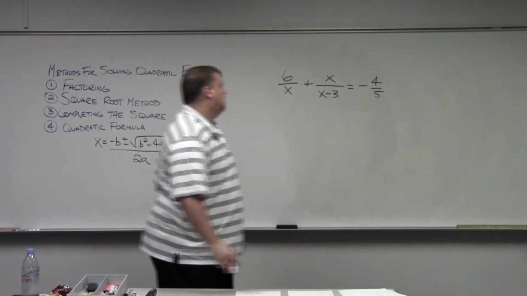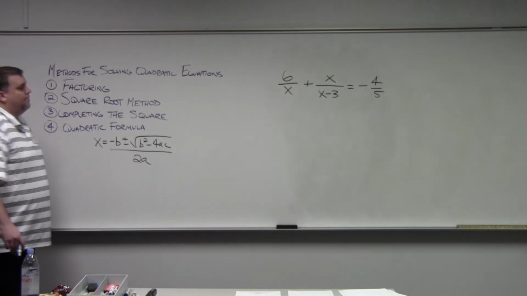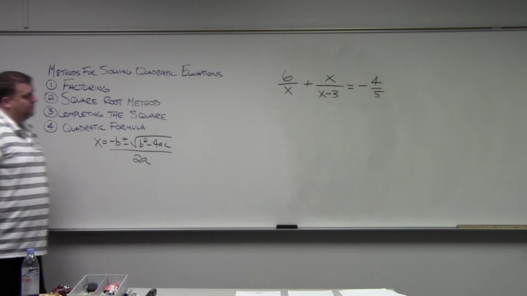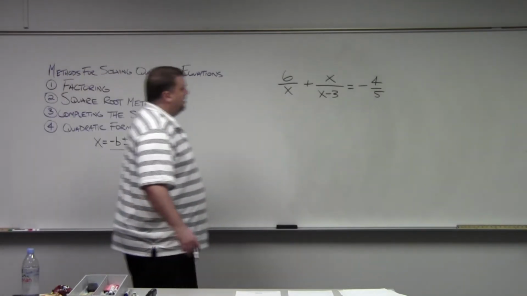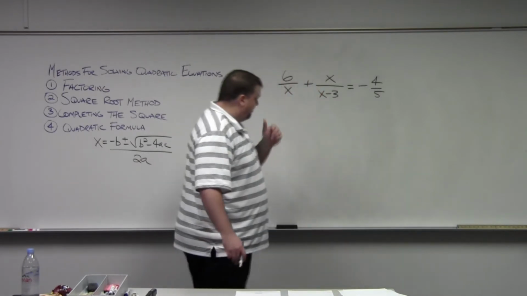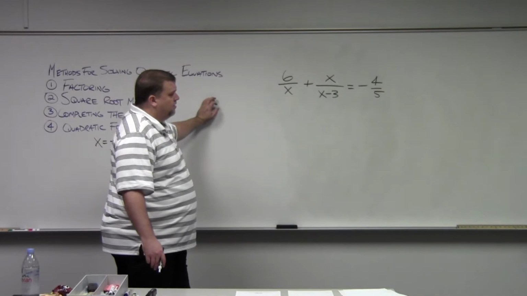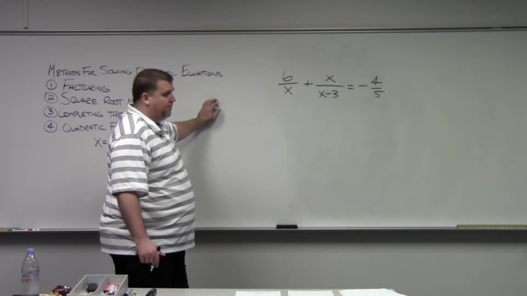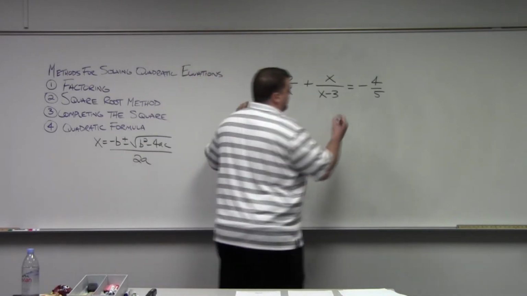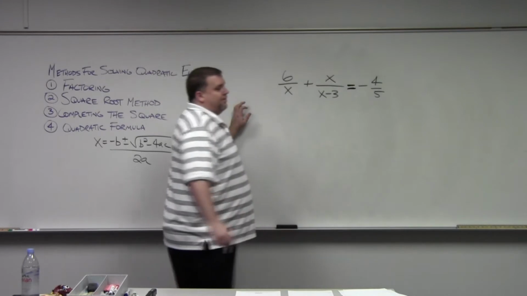Sometimes things that don't even look quadratic in the beginning may lead us to a quadratic equation. So I have a rational equation here, an equation involving fractions with variables. So how could I solve this equation? What would my first step be? How can I clear an equation of fractions?